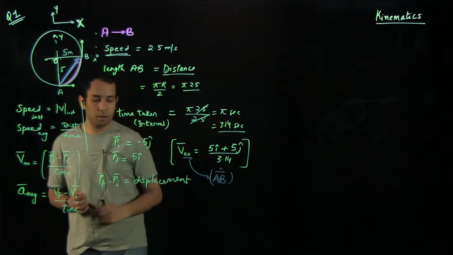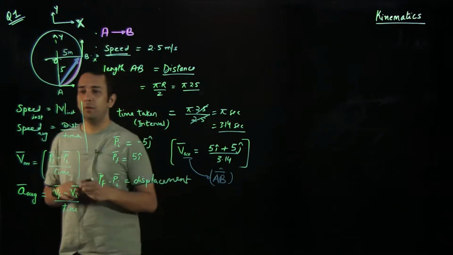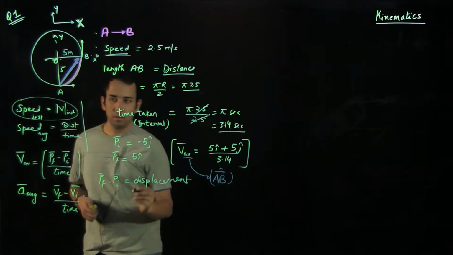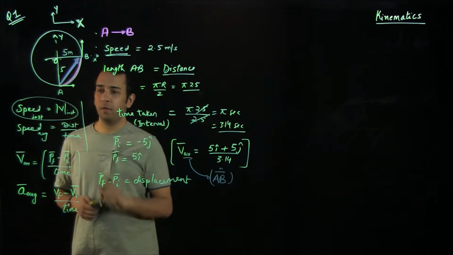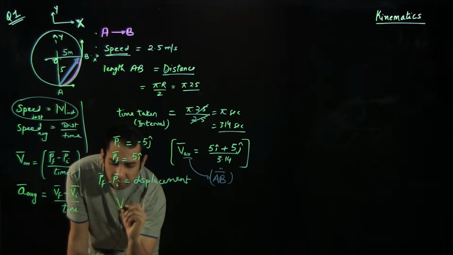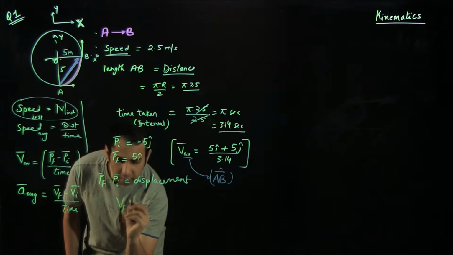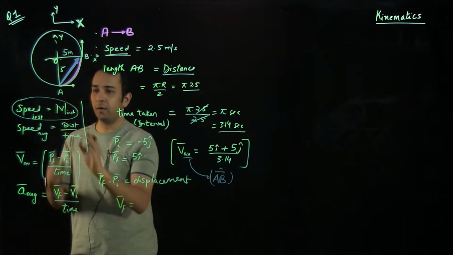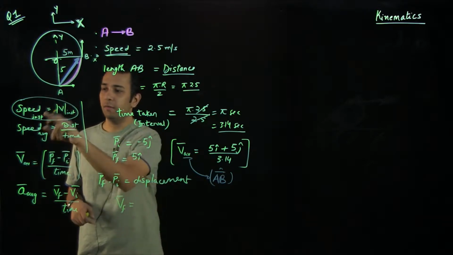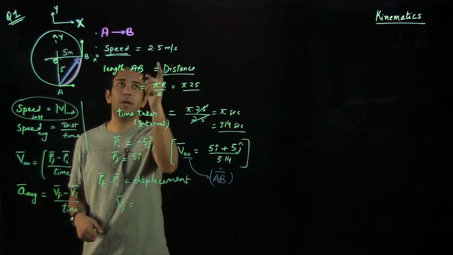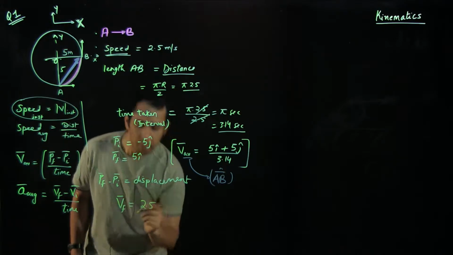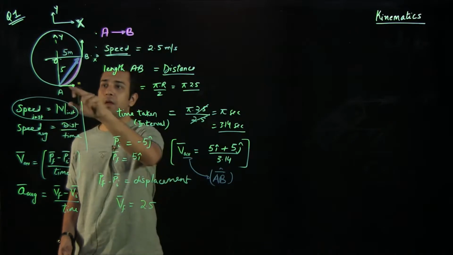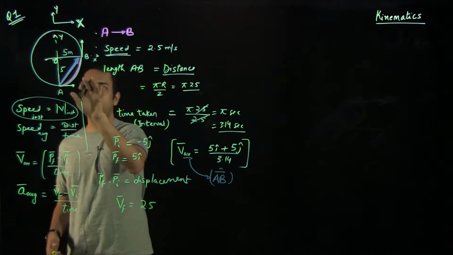We will use the part of the formula which says that the instantaneous speed is the magnitude of the instantaneous velocity. So the magnitude of the v final vector would be the speed at that point, which is 2.5.